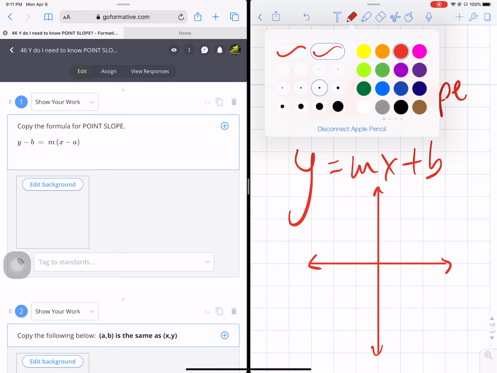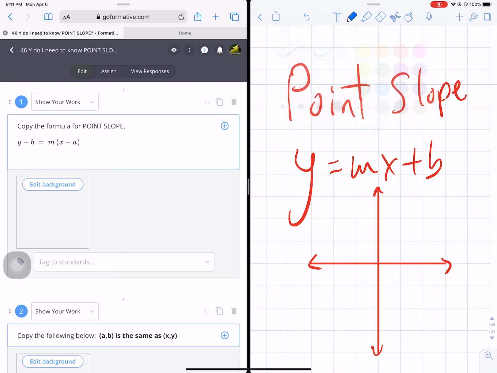If you tell me that the equation is y equals 2x minus 1, I know that the minus 1 goes here, and then I'm going up 2 over 1, and my point is here. And that's my line. And that's important for you to know as a reminder.